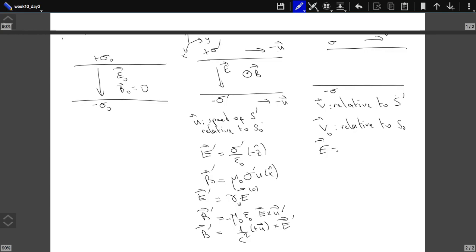And although in your initial reference frame there was no magnetic field, now there is a magnetic field in this new reference frame, and it is just the relative velocity of your reference frame crossed with the electric field in your new reference frame.